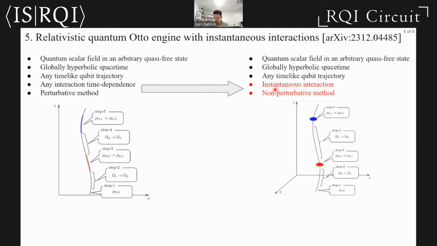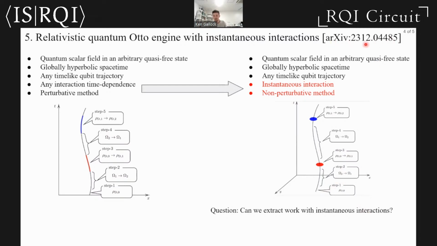And also, by employing this interaction, I can use a non-perturbative method, meaning I don't have to assume the coupling constant is very weak. So intuitively, here is a space-time diagram, and the two isochronic processes are now instantaneous. Okay. And we can ask, can we extract positive work with this kind of instantaneous interaction?